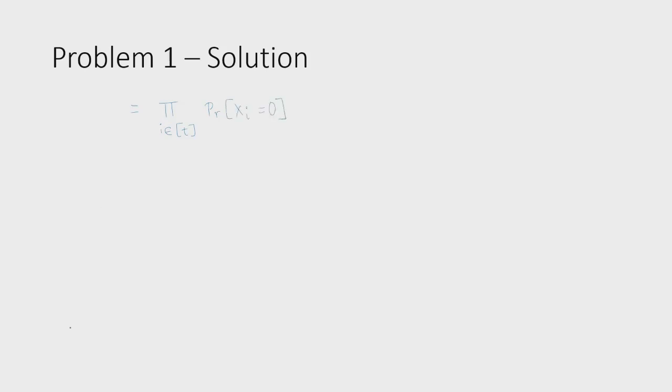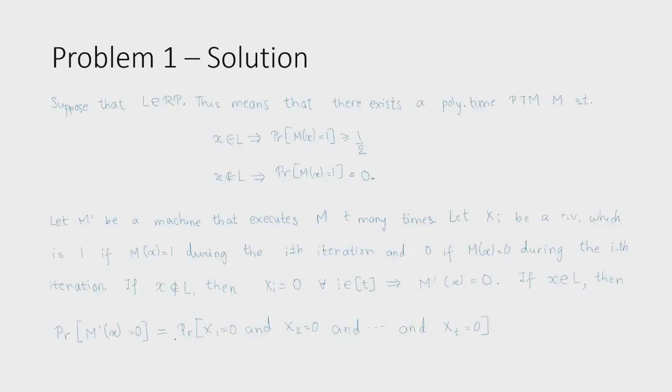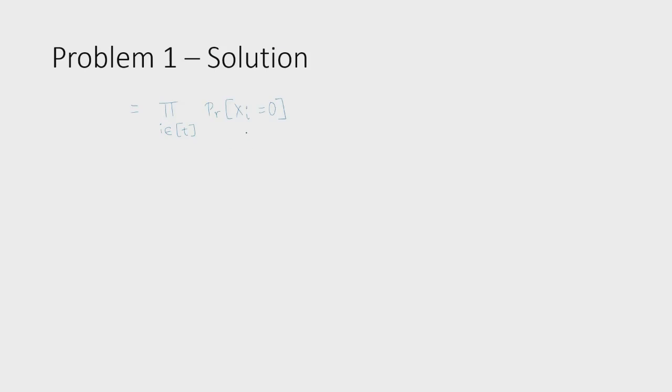So why can I write this probability as this probability? It's because of independent random variables. Yes, the different runs of the algorithm M prime are independent. So we get this.